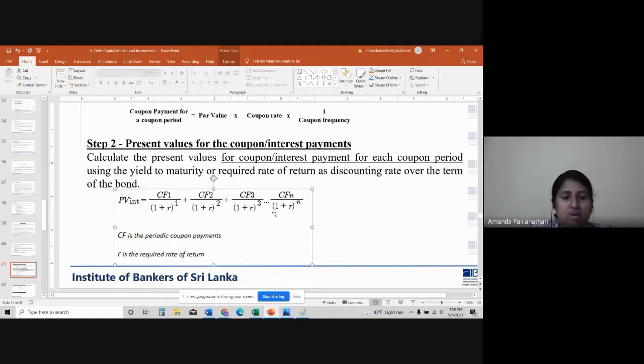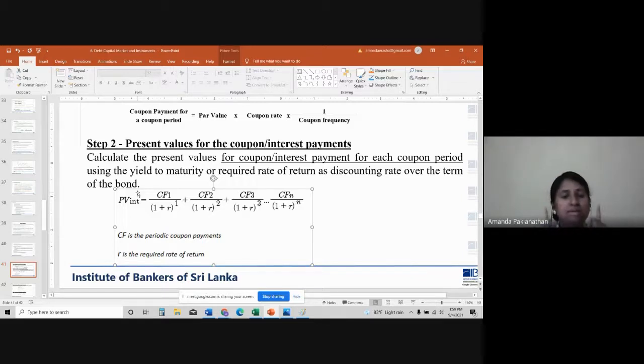When you add all of this together, you will get the present value of the entire coupon payments during the life of the bond. The addition of all these individual discounting will give you the present value of the coupon payments that occur during the entire life of the bond.